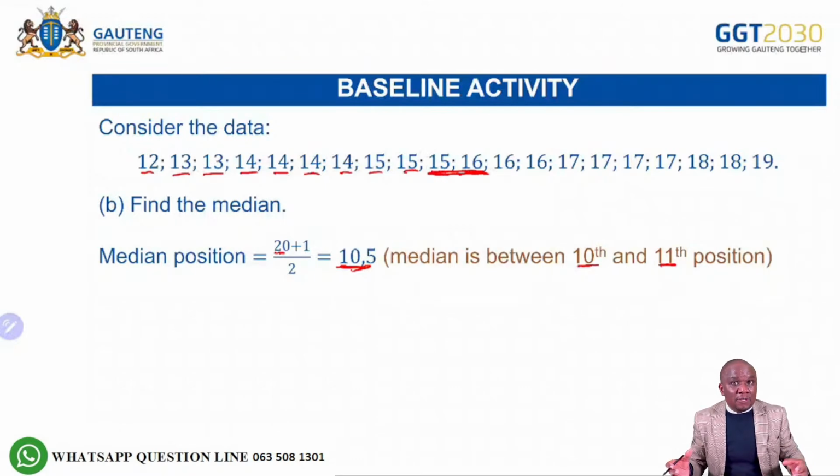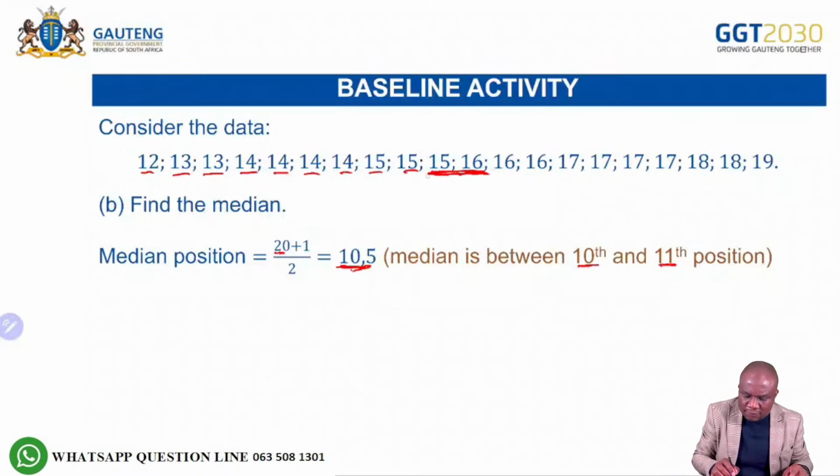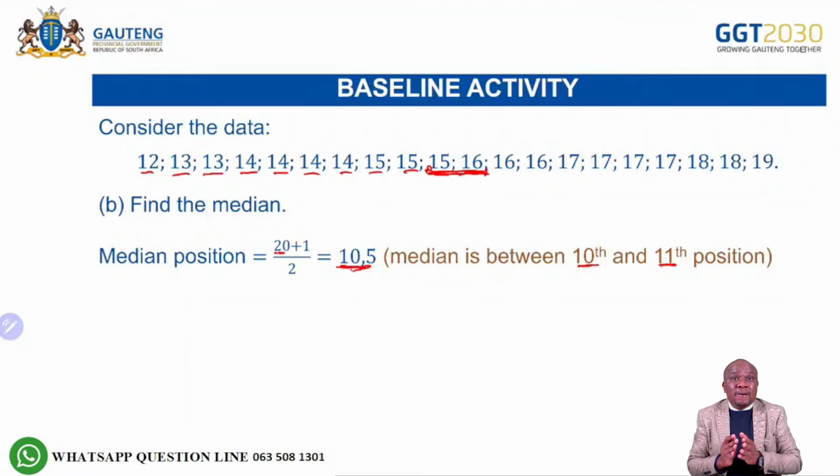We add the numbers and divide by the number of those items. So we add 15 plus 16, then divide by 2. Then it will give us the number which is exactly between 15 and 16. So your median cannot be above 16, cannot be below 15.